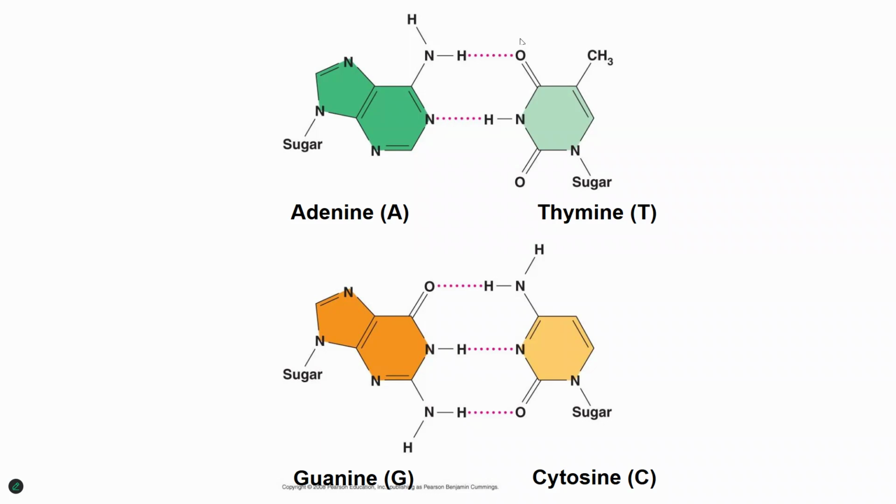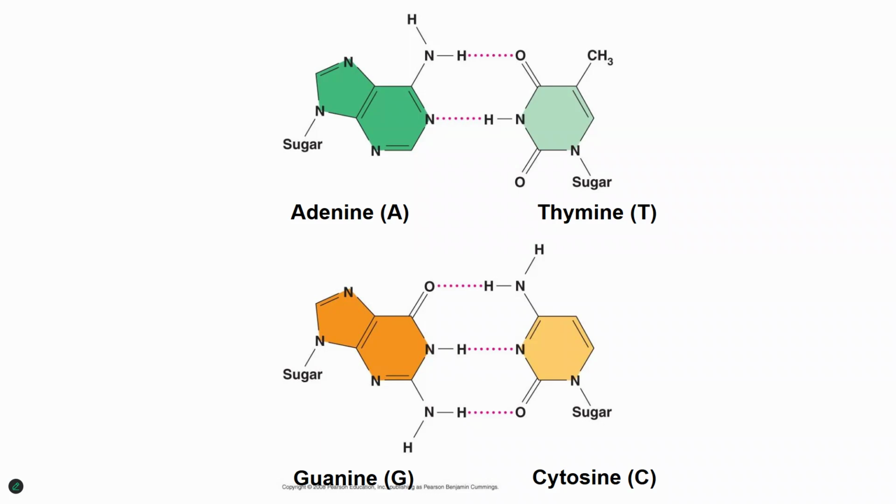So nitrogen will also hog the electrons, making the nitrogen more negatively charged, leaving the hydrogen with a slight positive charge. Oxygen also has a slight negative charge, and so that allows a hydrogen bond to form between the hydrogen and the oxygen. You can also form another hydrogen bond here between this nitrogen and hydrogen, and so adenine and thymine will pair up so you can actually form hydrogen bonds between them.